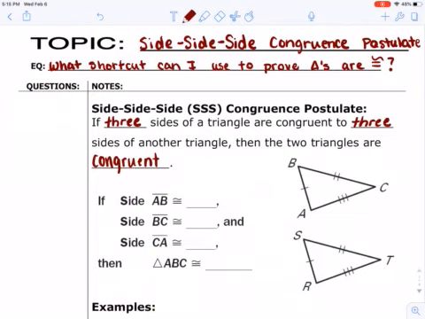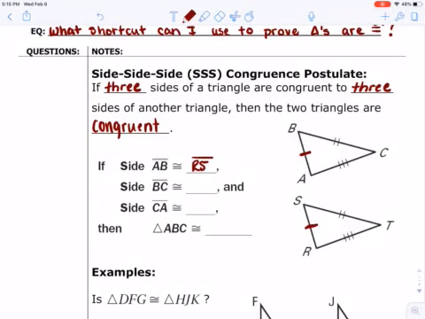So another way to look at this, let's look at our figures. Using these examples, what our postulate is saying is that if side AB, which is marked with 1 tick mark, is congruent to RS, which is also marked with 1, and side BC is congruent to ST, and side CA is congruent to TR, so if 3 sides of one triangle are congruent to 3 sides of another triangle, then the 2 triangles are congruent.